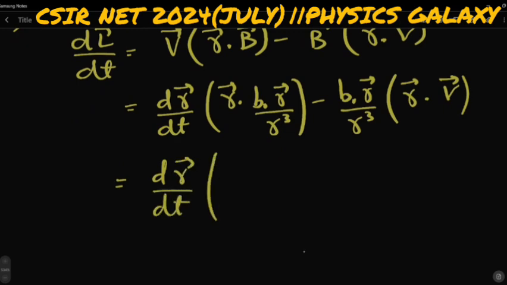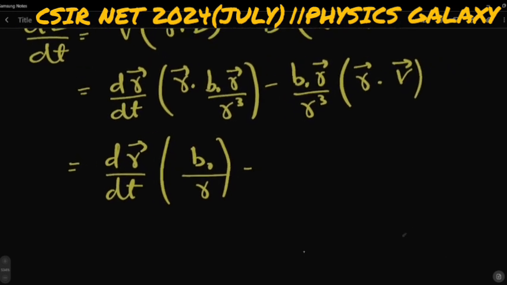Now r vector dot r vector will become r square, and the angle between them is 0, so cos 0 equals 1. So we'll get simply B naught r square by r cube, that is B naught by r, right?